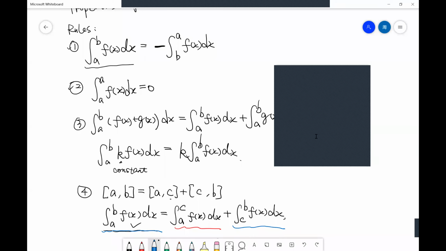And if you don't know whether you did it correctly, you can send the procedure to me and I will check for you. Okay, guys? So next week, we will understand calculating definite integral better.